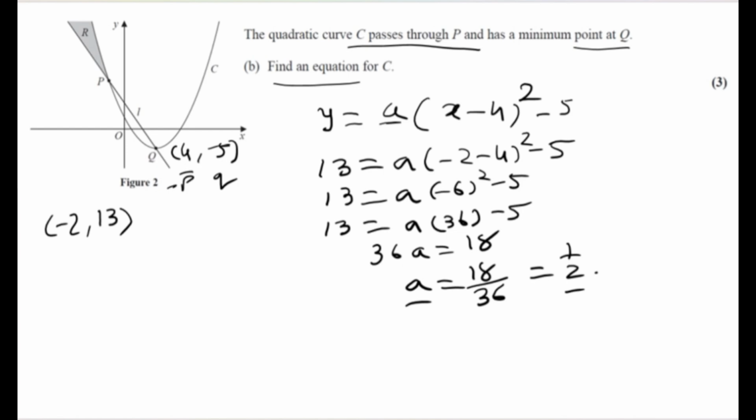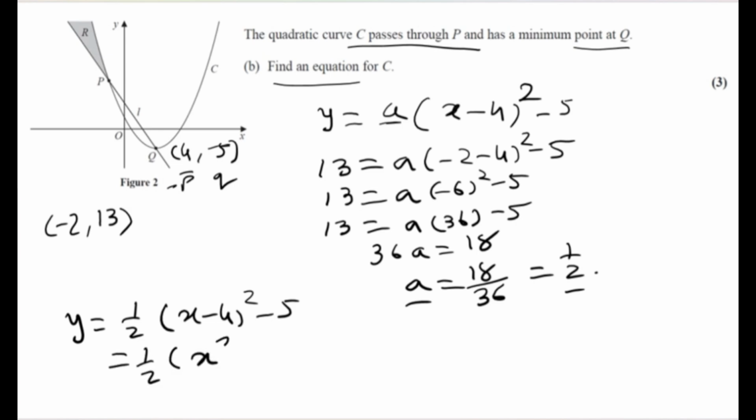I will put this here in the equation. So y = ½(x − 4)² − 5. Expanding (x − 4)² gives me x² − 8x + 16, minus 5.